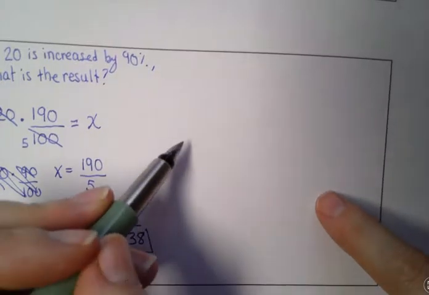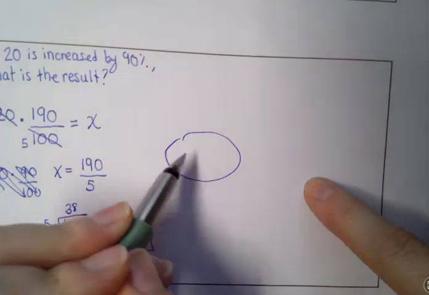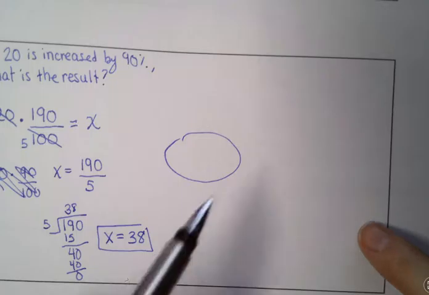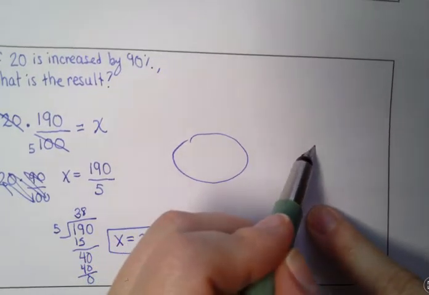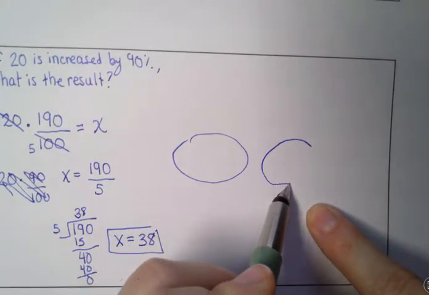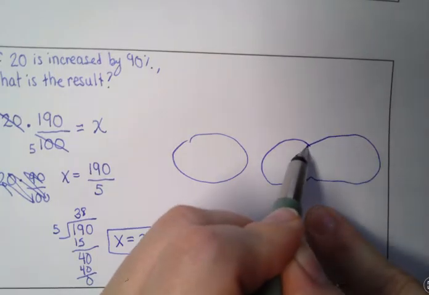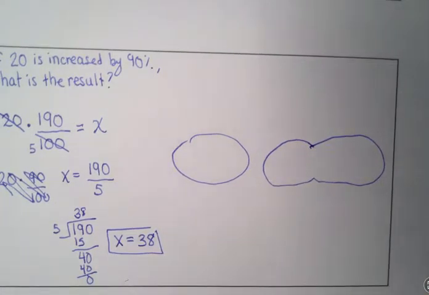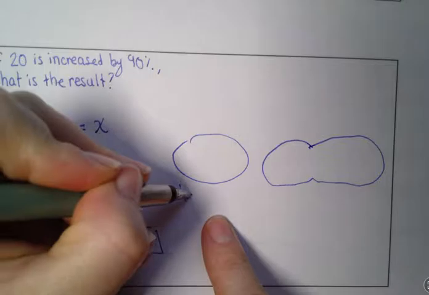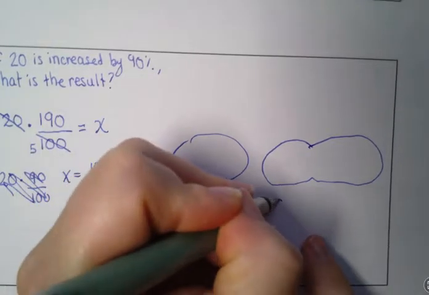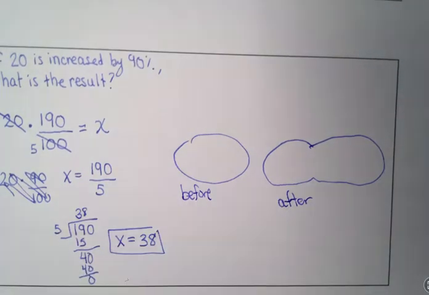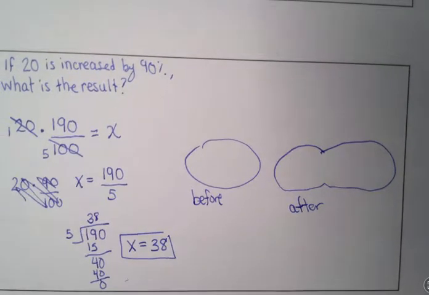In this one, we're going to start with an oval, but then when we're finished, we're going to have something that's bigger than 100%. So I'm going to do a compound of two ovals together. It's not very pretty, but you get the idea. So the before and the after. The before is going to be the 20.